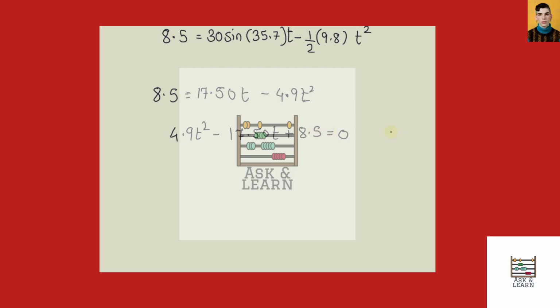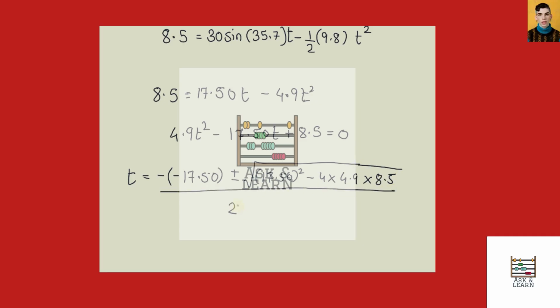Now this is a quadratic equation, so we will use the formula: t equals minus b plus or minus square root of b square minus 4ac, divided by 2 times a, that is 2 into 4.9.